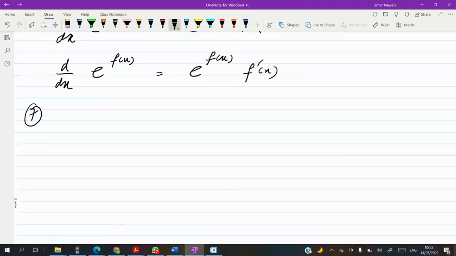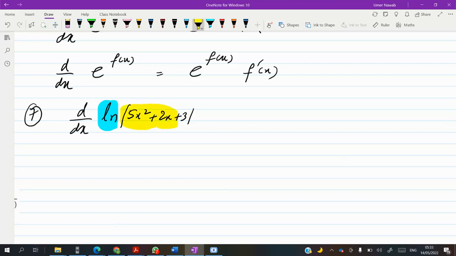Next thing, which is in your course, differentiation of log functions. Okay, guys, log function. The differentiation of the log function is you need to reciprocate your argument. So what I'm going to do to apply the differentiation of ln, I will reciprocate the argument. 5x^2 plus 2x plus 3 will come in the denominator, and then we take the further derivative of the argument, which is 10x plus 2.